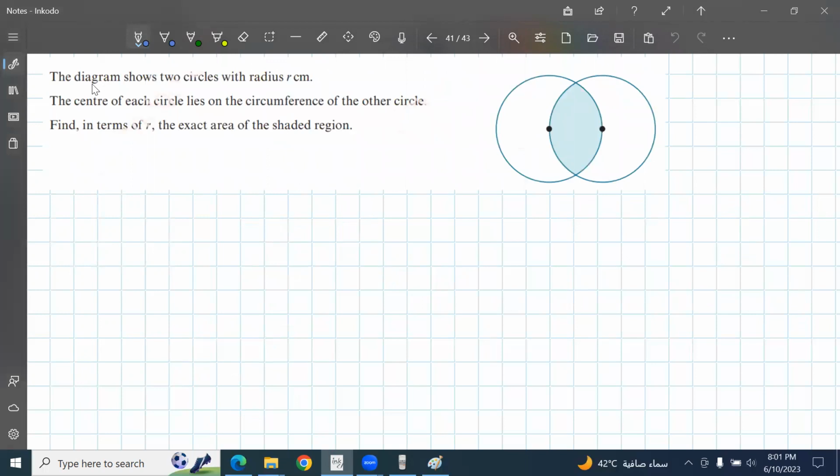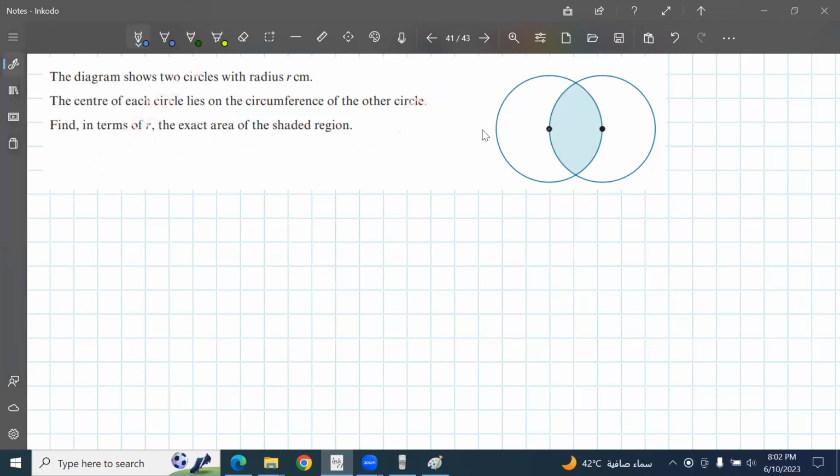This diagram shows two circles with radius r centimeter. The center of each circle lies on the circumference of the other. So in other words, these two black dots are the center of a circle as well as on the circumference of another circle. This point is the center of this circle, but it is on the circumference of another circle.